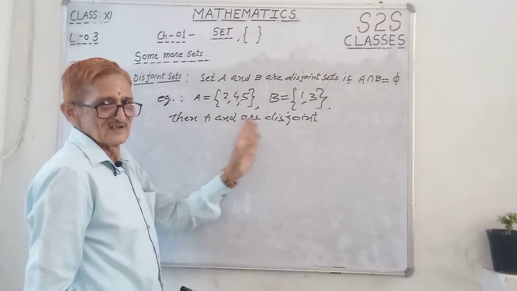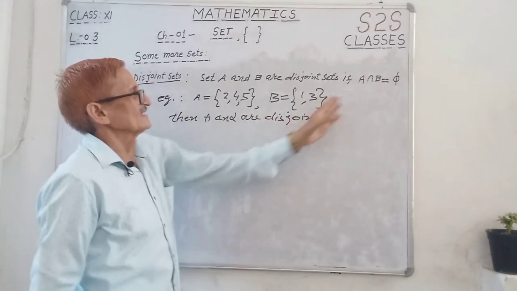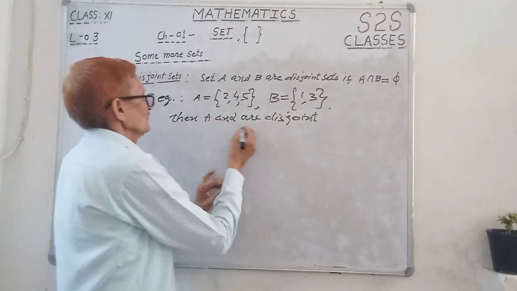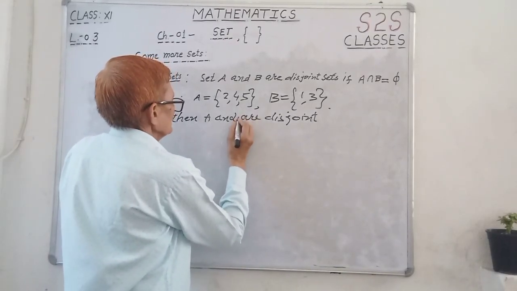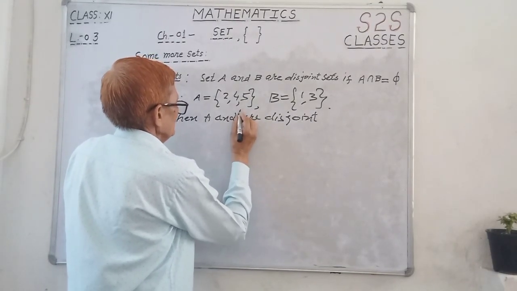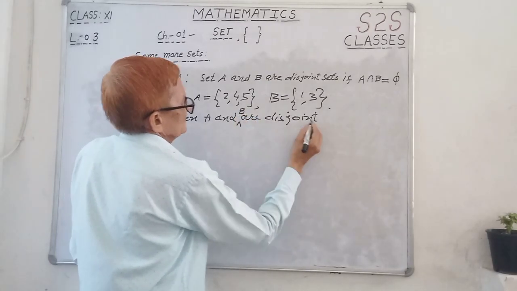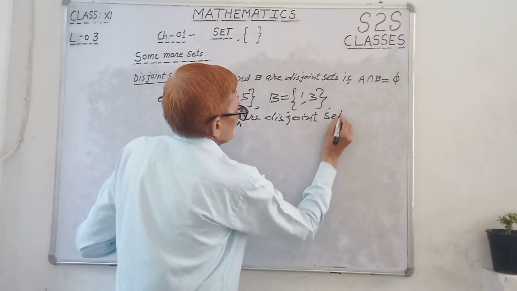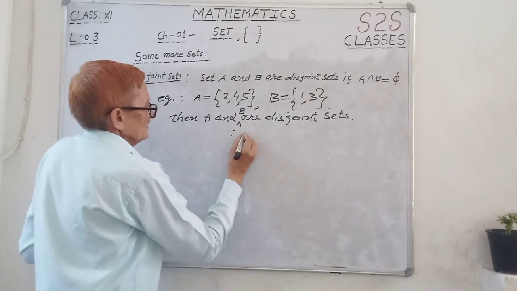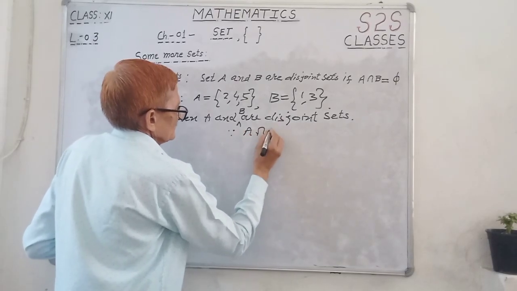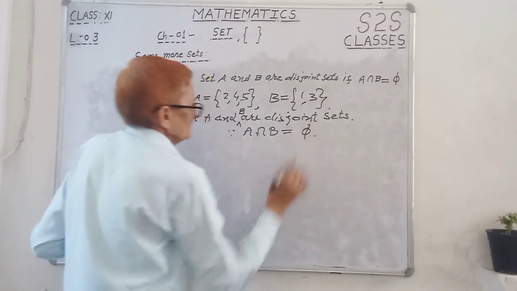Because a common element is not there, so the intersection is the empty set. A and B are disjoint sets because the A intersection B common element is the empty set.